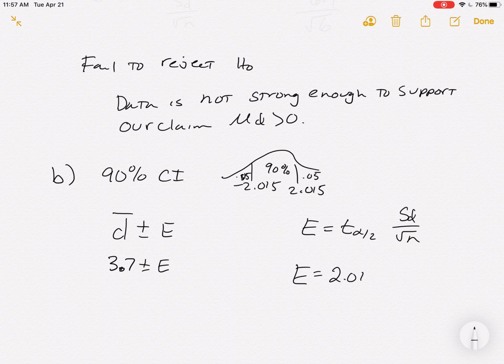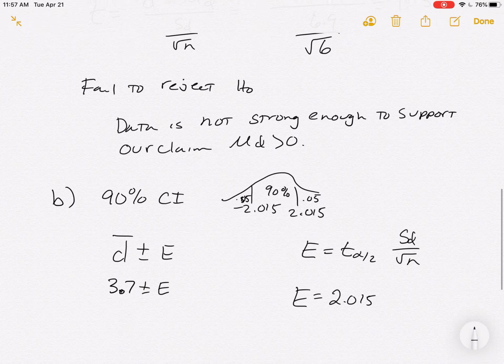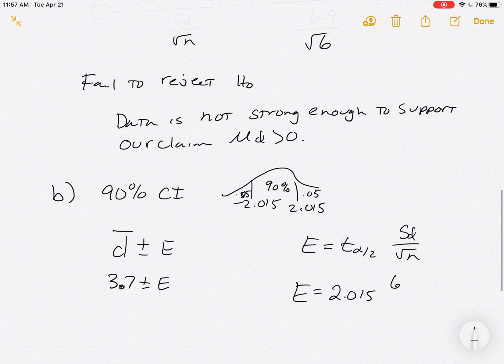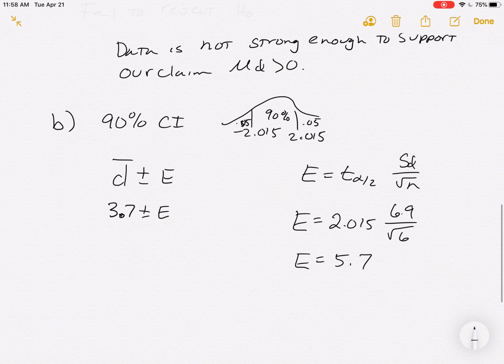This is 2.015. S sub d is 6.9. And n is 6. And so we take our 2.015, multiply by 6.9, divide by the square root of 6. And what do we end up with? We end up with an error of 5.676, or 5.7 if I round it to the same level.